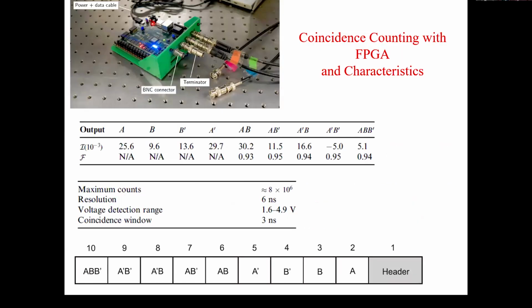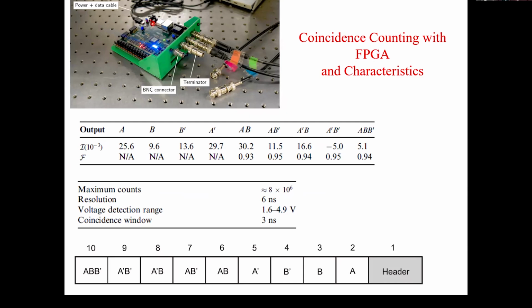Once all the data comes in, this is the FPGA board. We program it using VHDL and Verilog programming. Our students do it; I don't know about it. They put everything together: all the counts, the A counts, the B counts, the B prime counts, the A prime counts, and the coincidences.